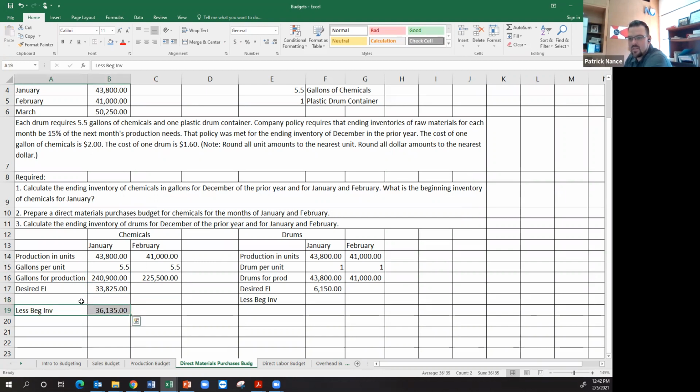Actually, I'm going to do a sum here of how much we need. Forgot a line, my bad. 240 plus my desired ending inventory less my beginning inventory gives me my purchases. So how much I actually need to buy.